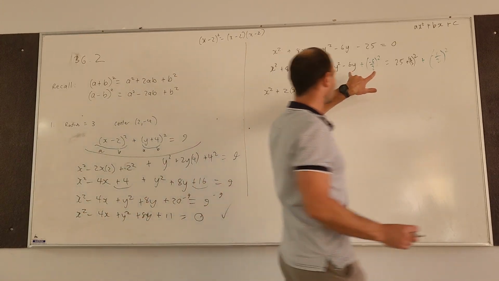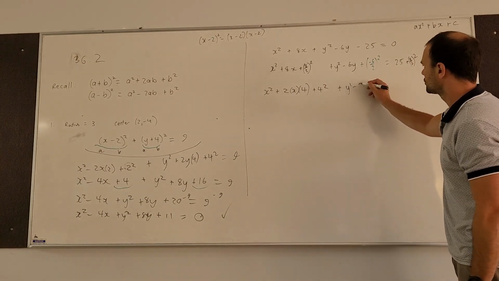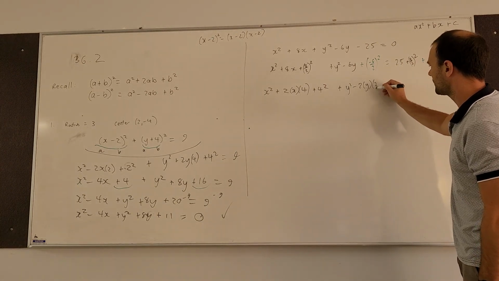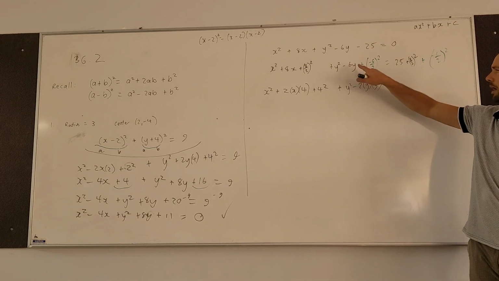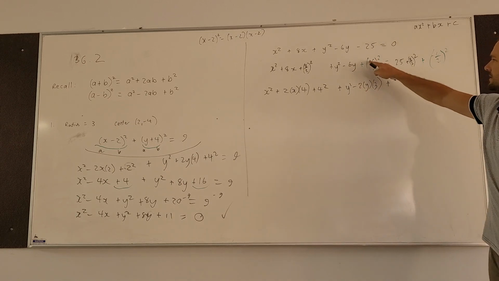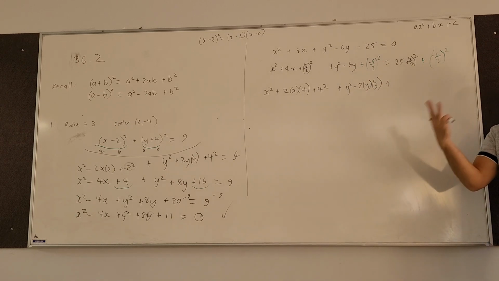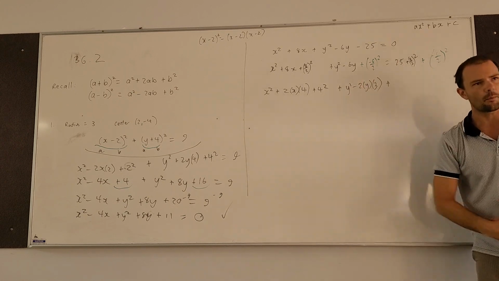Similarly, let's move on to this one. We've got y squared. Take 2 times y times 3. 2 times y times 3 gives you the 6y. There's the negative out the front. And then 6 divided by 2 is 3. And it is negative, but because it's squared, it's going to be positive.